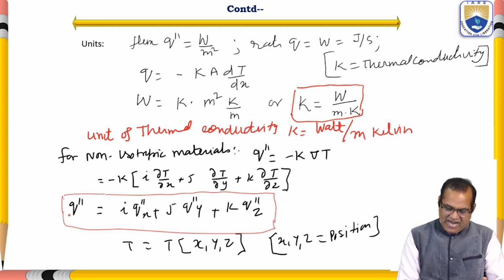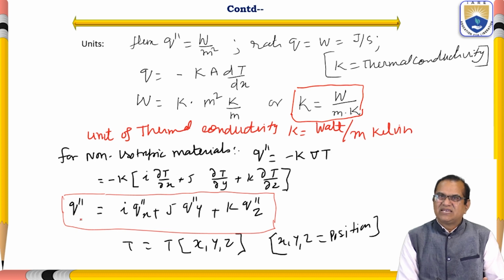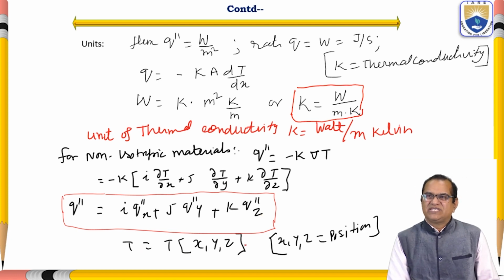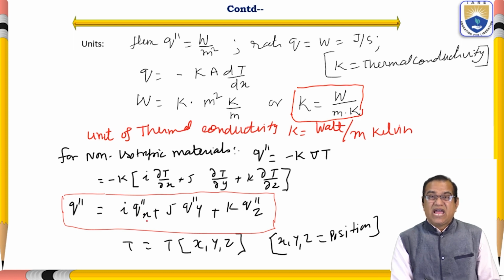We can write the flux as i Q double prime x plus j Q double prime y plus k Q double prime z, where T is a function of x, y, z, where x, y, z is the position. So Q double prime is a function of temperature, and so it is a function of x, y, z.